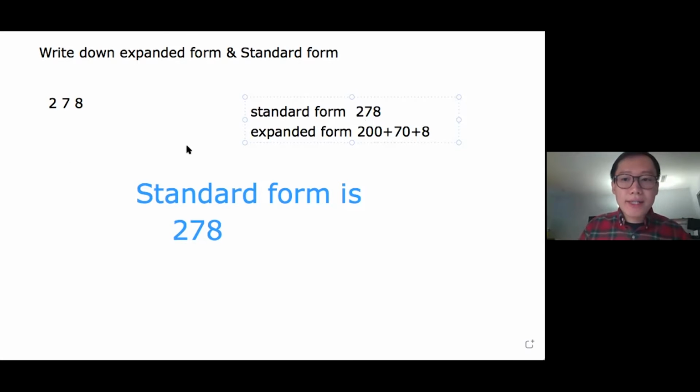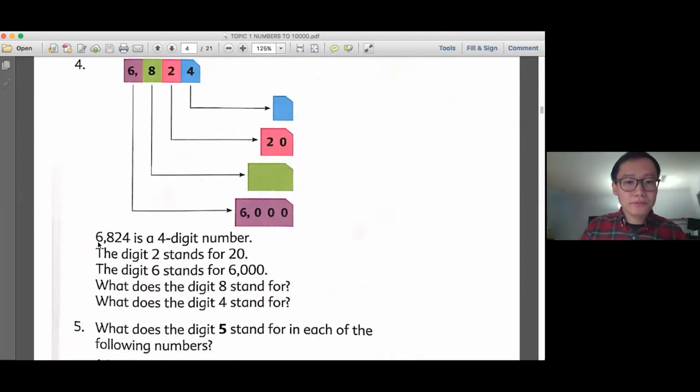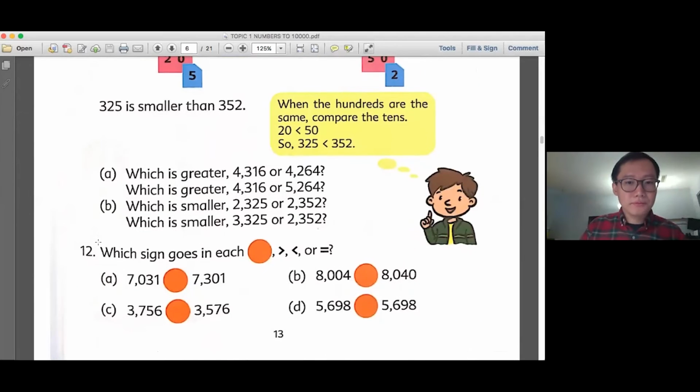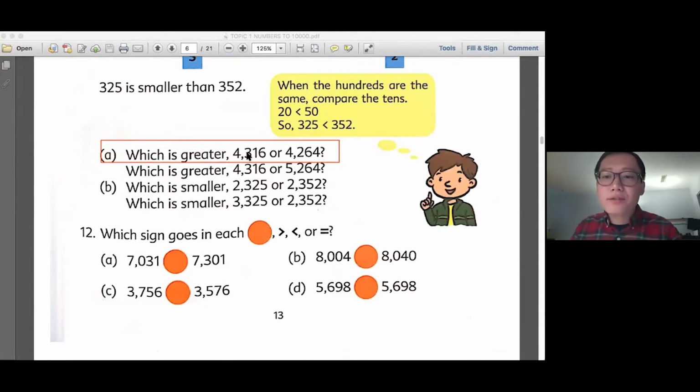Okay, let's do another example about comparing numbers. Let's compare two numbers in the thousands. Part A: which is greater, 4,316 or 4,264? Which one do you think is bigger? 4,316.